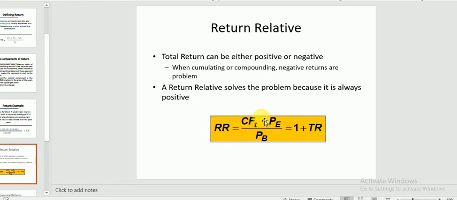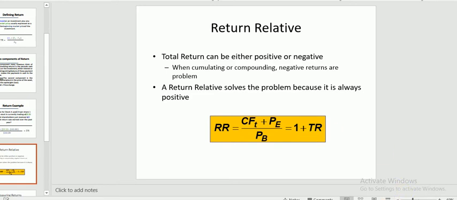Dear students, return relative is when we add 1 to the total returns. Here look at this formula, 1 plus total returns. This is called a return relative.